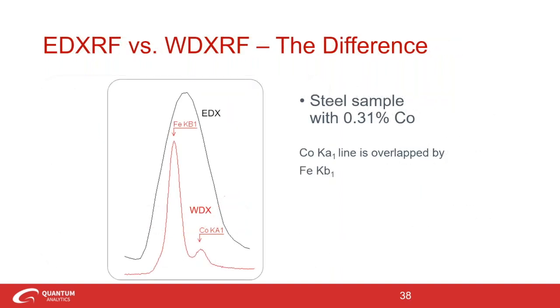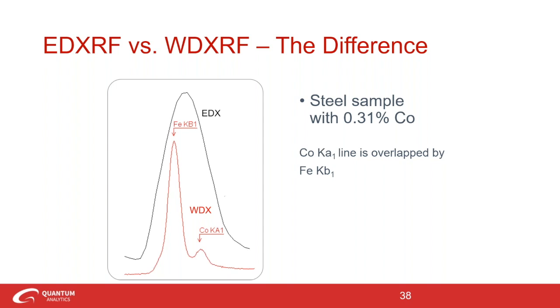Let's take a real world example of a steel sample that has been blended with 0.31% of cobalt, and then you analyze it by both EDXRF and WDXRF. Notice that the energy dispersive X-ray peak is mostly overlapped by iron, so you can't even see the cobalt peak.